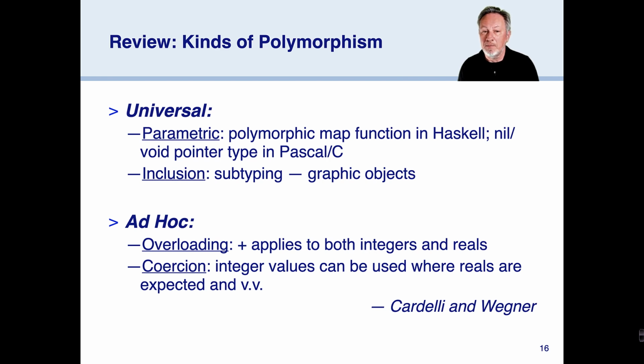With subtyping or inclusion polymorphism, on the other hand, you're relying on the subtyping hierarchy as you have in object-oriented languages. So that's what we'll mostly be focusing on in this lecture. We're not interested so much in parametric polymorphism, overloading, and coercion. We're mainly interested in understanding subtyping and its relationship to subclassing.